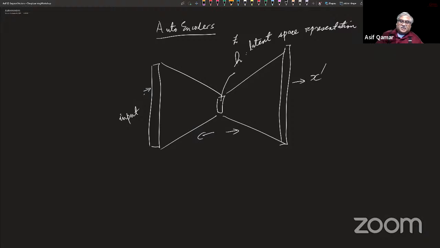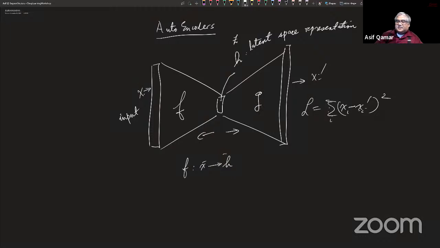Actually, let me use capital X. X prime comes out. And the idea is that if you take a loss function, which is x minus x prime squared, summed over all the i values, and you try to minimize the loss, then you have an autoencoder. The basic idea was that let this function be f, such that f takes you from x to the hidden representation.